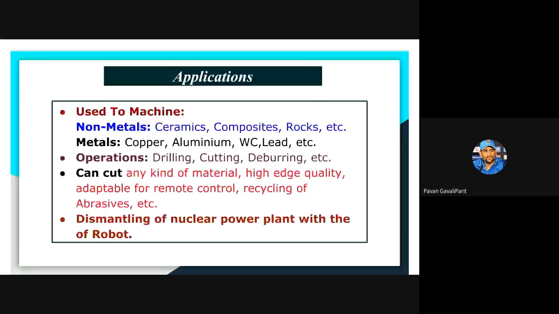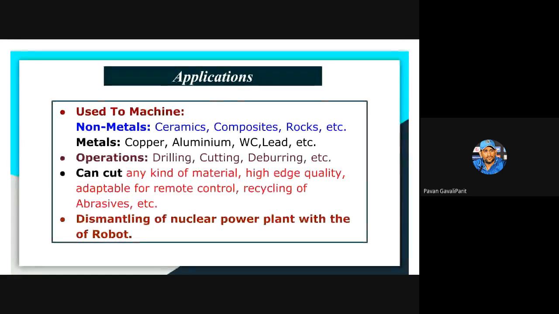This is a very important application, because in a nuclear power plant human beings are not permitted to go there because of the radiation effect.